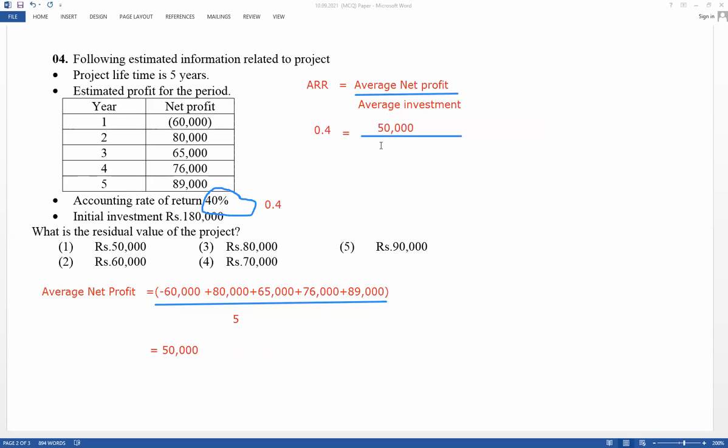Then average investment can be calculated. Try to calculate average investment now. Average investment should be calculated.